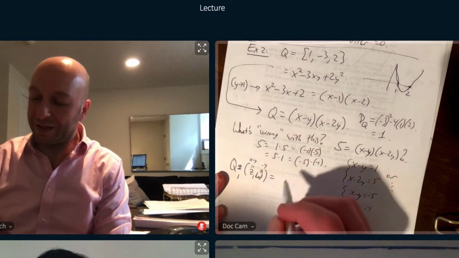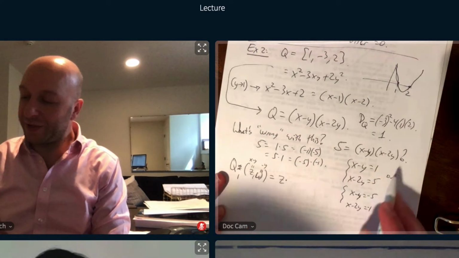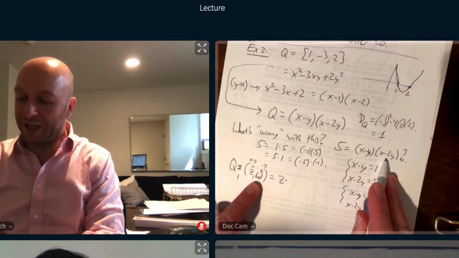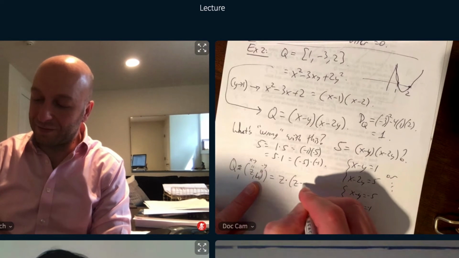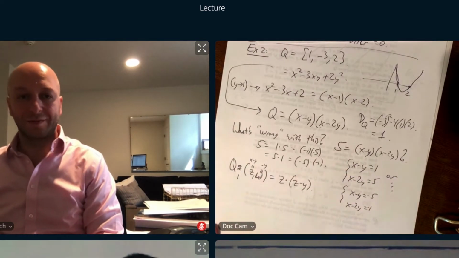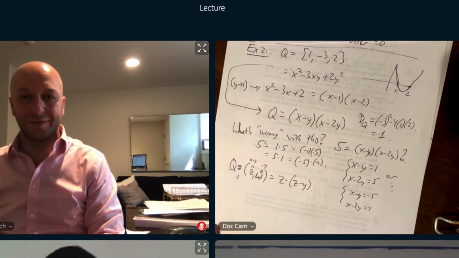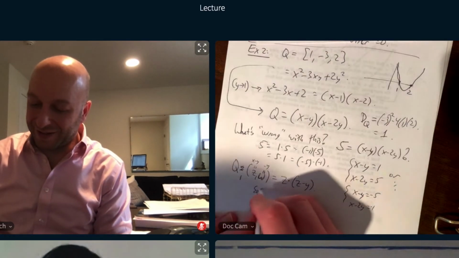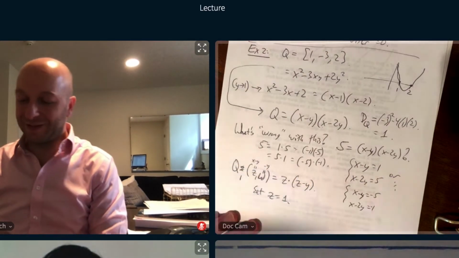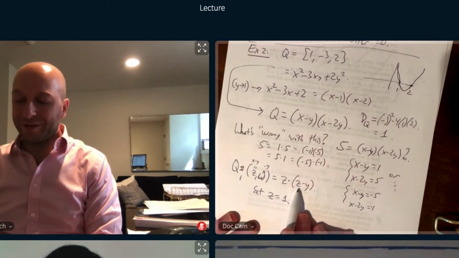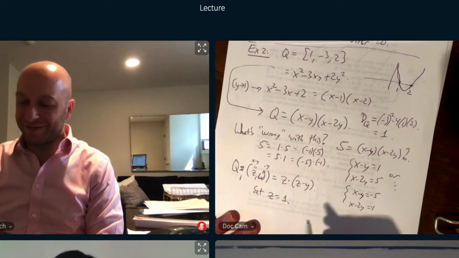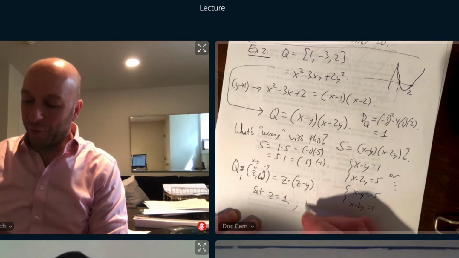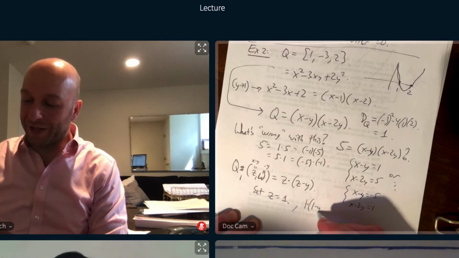This is z times, this is z minus y. So I can always set z equal to 1. Set z equal to 1. And now I represent every number. Because I'm trying to solve 1 times (1 minus y) equals 5.